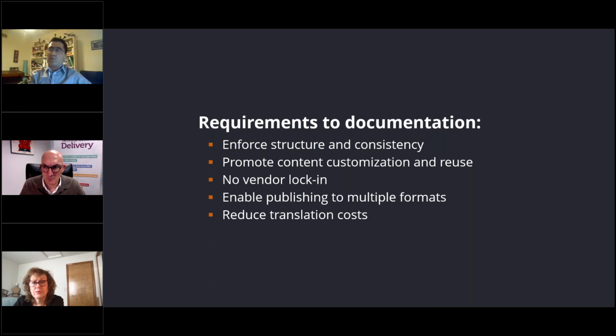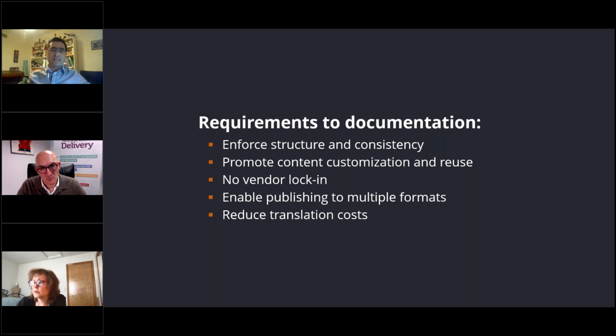We were looking for a solution that would enable us to enforce structure and consistency across multiple content types, and that would also promote content customization and reuse, because each machine, each printer, was customized for each customer. That means there is not only a lot of reuse, but also product-specific, product-configuration-specific content variations.